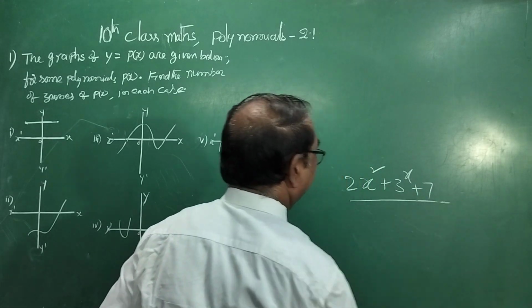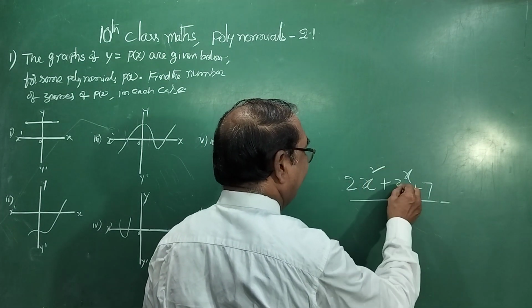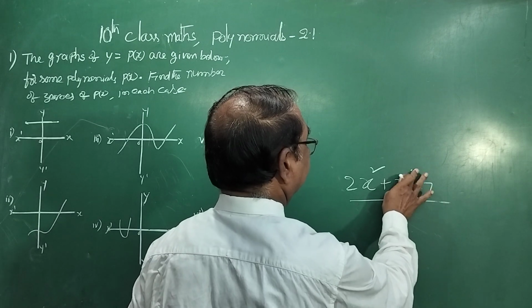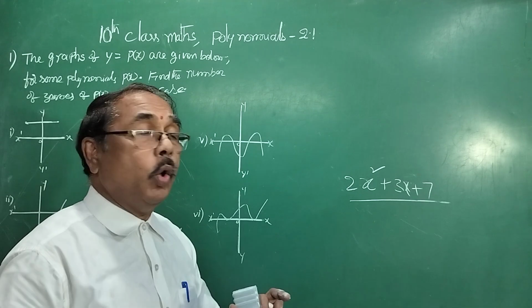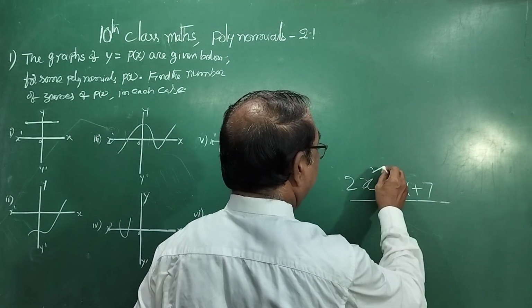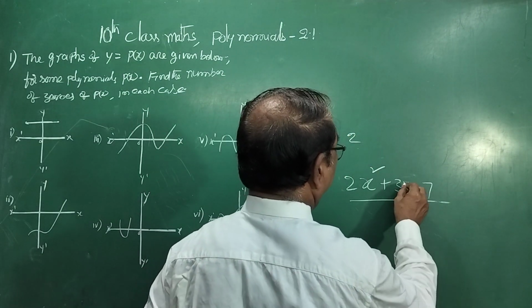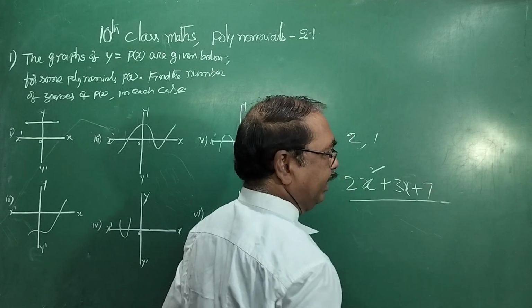It is a polynomial because the powers of the variable are whole numbers. Here x power is 2, here x power is 1, and here no x, it is constant.